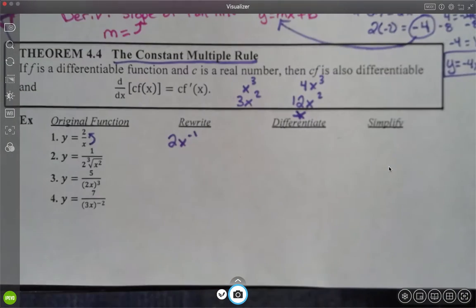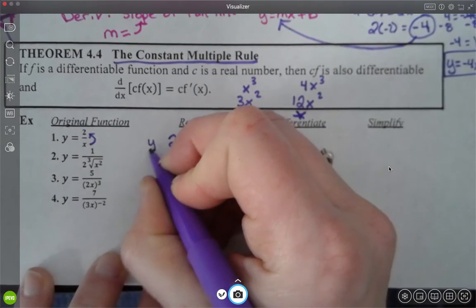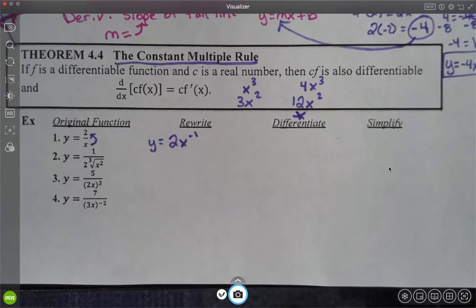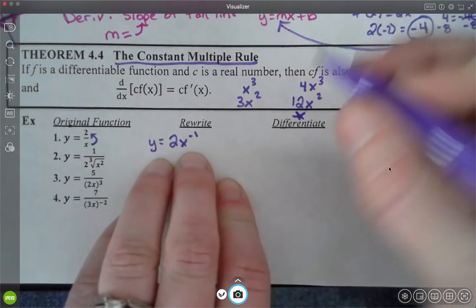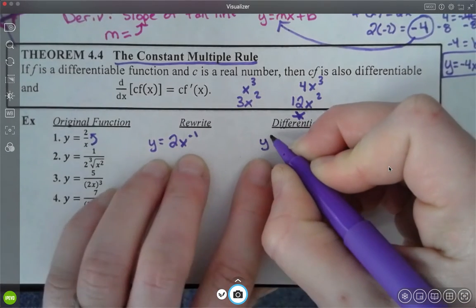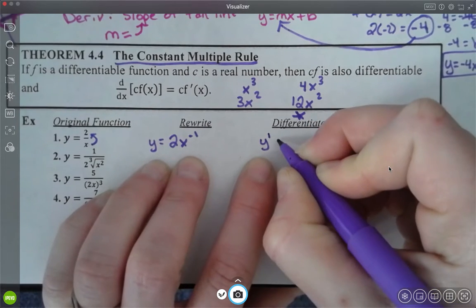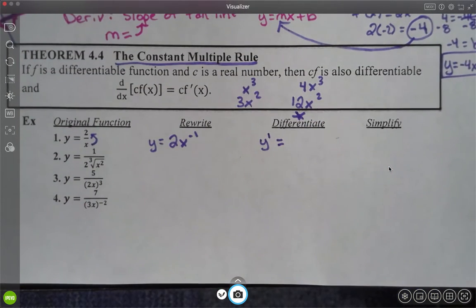So I have rewritten it, and I'll call it y. y equals 2x to the -1. Then I'm going to differentiate. When I'm taking the derivative, I can still call it y, but it now needs to be y prime, just like we used f prime.